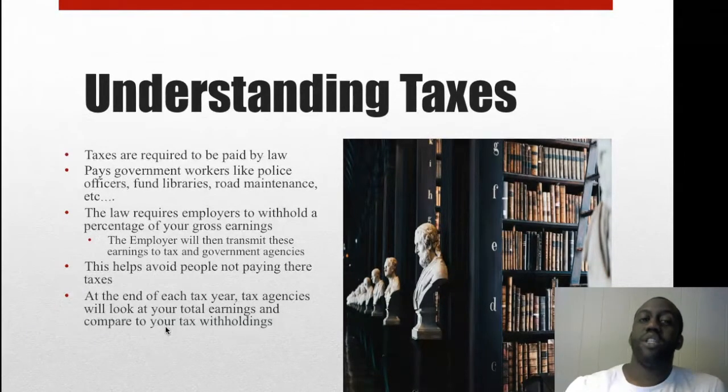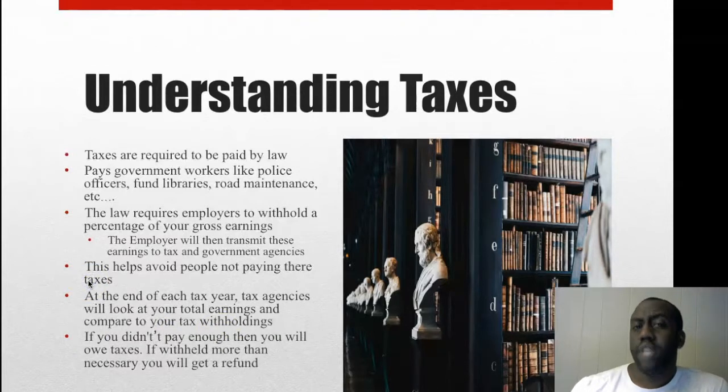At the end of each tax year, the different government agencies will take a look at your total income earned and the amount of taxes that were taken out of your earnings. They will compare the amounts and see if you paid enough taxes or if you didn't pay enough taxes. If you paid enough taxes, then you're okay, there's nothing more that you have to do.